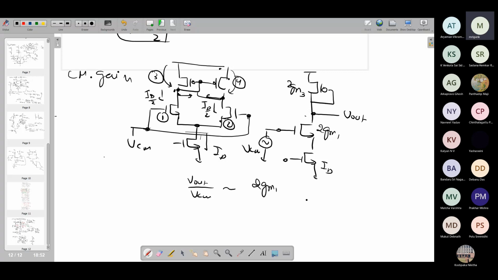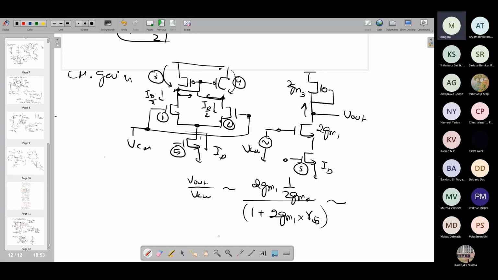So there is no RO, right? The impedance looking upward is 1 upon GM3. So GM3, yes. So 2GM1, the impedance looking upward in this case is just 1 upon 2GM3 and 1 plus GMRS. So 2GM1 into RS, which is basically RO of whatever you have, 5. So RO5. Is that clear?